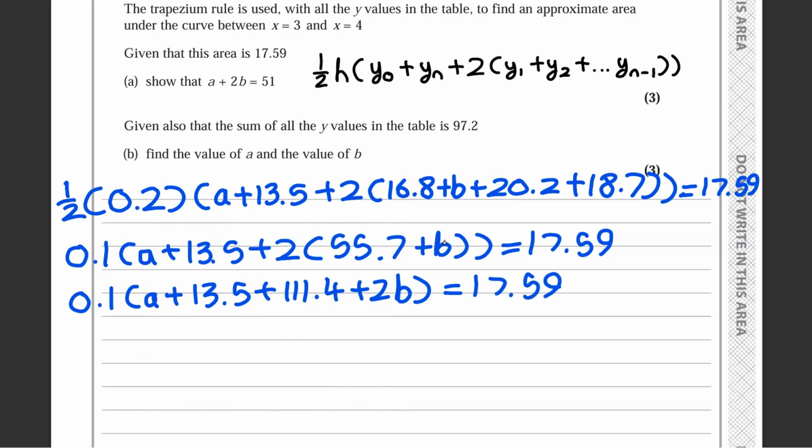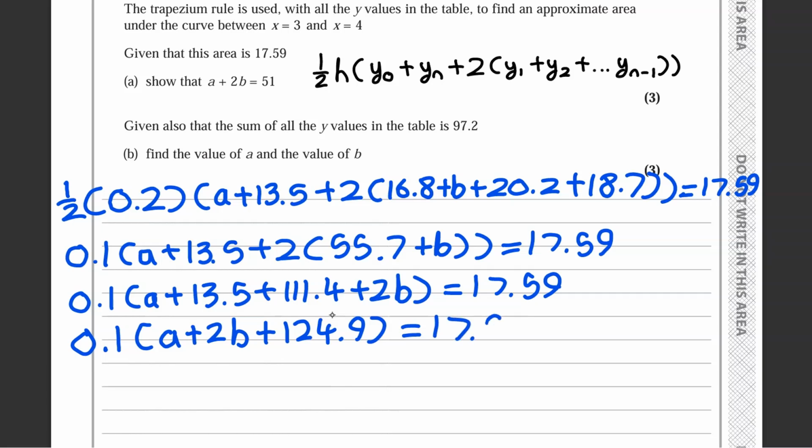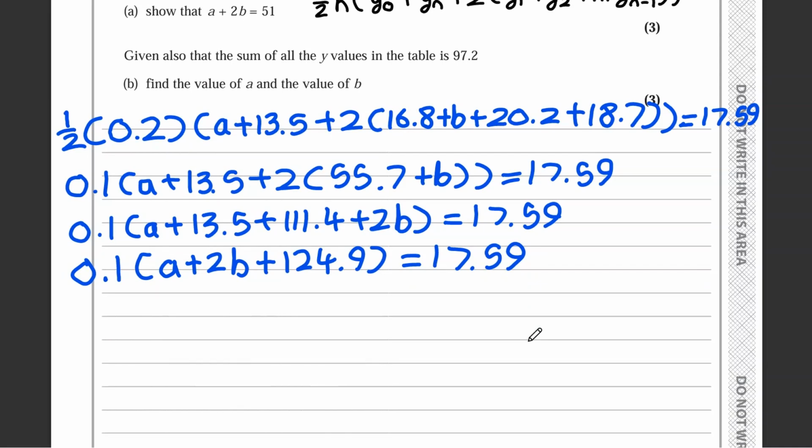If we do some more simplifying here, we have this 0.1 at the front, we have a, and then we have this 2b here, so a plus 2b, and then we have this 13.5 plus 111.4, which again if you put it into your calculator is equal to 124.9, and this is equal to 17.59. Now if you look at part A, we have this a plus 2b, which is what we have here, so that's good. We have this 0.1 at the start here, so let's divide both sides by 0.1.